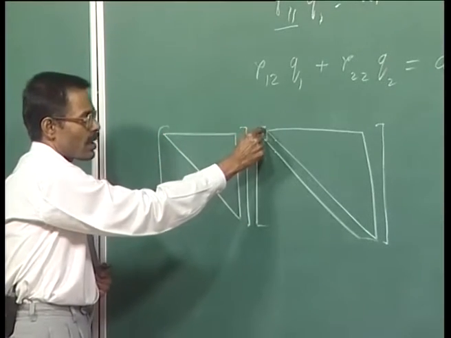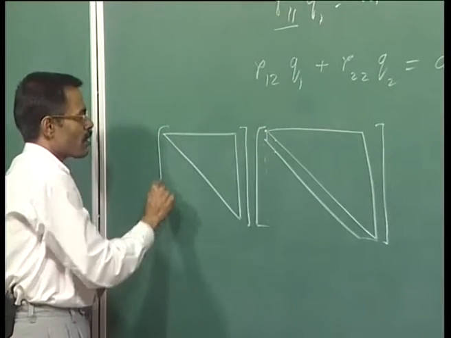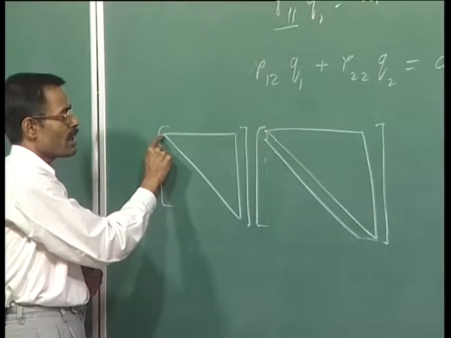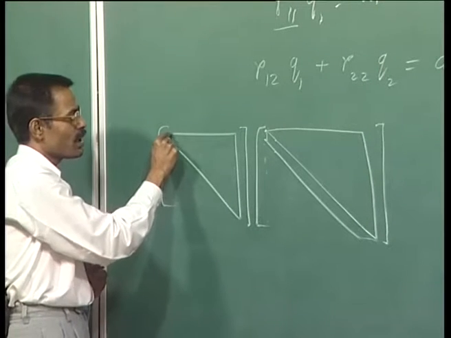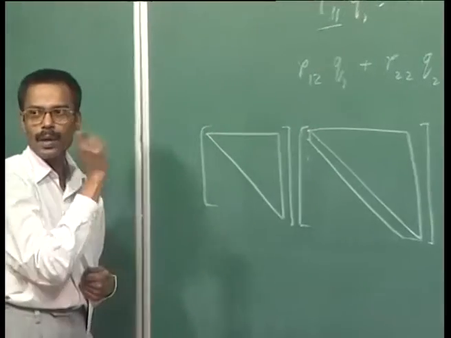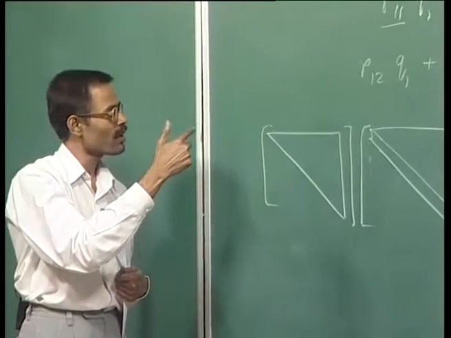So, this number into the first column plus this number into the second column, and the first column has only 1 entry and the second column has only 2 entries at the top which are non-zero. So, the composition will have only 2 top entries as non-zero.